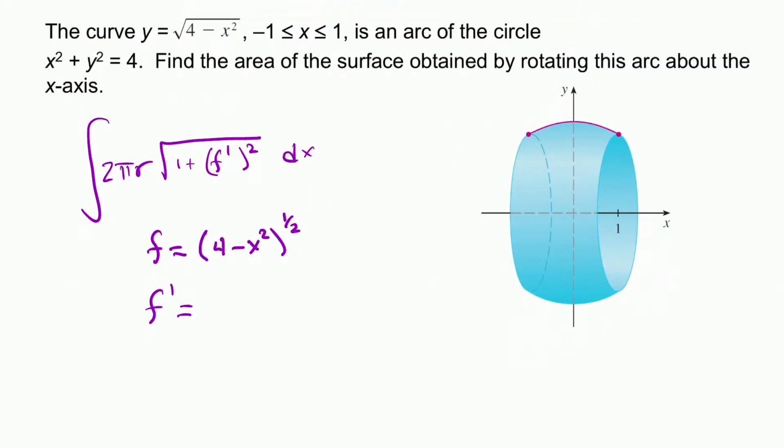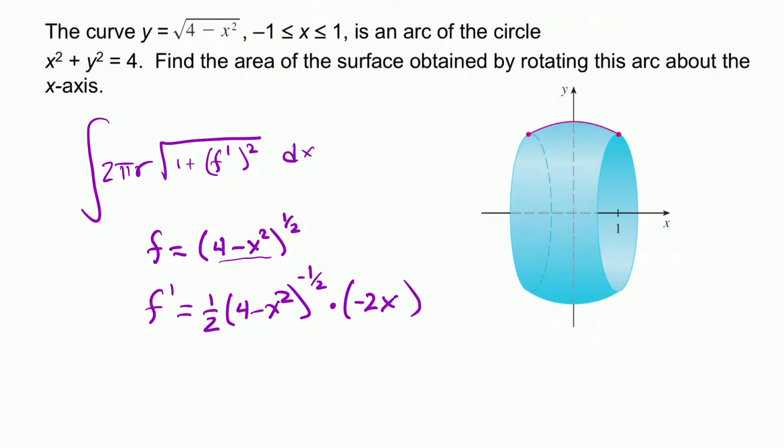Tell me what your derivative is. Okay, go ahead. Beautiful. So you know the chain rule, that you're going to be multiplying by that derivative, right? Beautiful. So there it is.